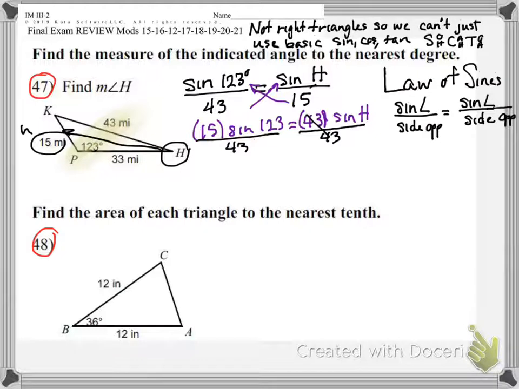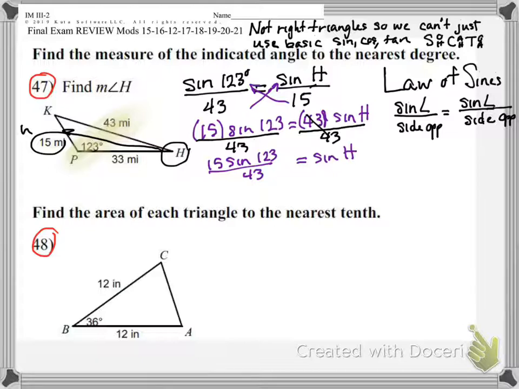And then I have sine h equals all this stuff, which again, I'm not ready to put in my calculator yet. Because I'm still going to work on getting the h totally by itself before I bother to put anything into my calculator. The question is, how do you get the h out of its sine?